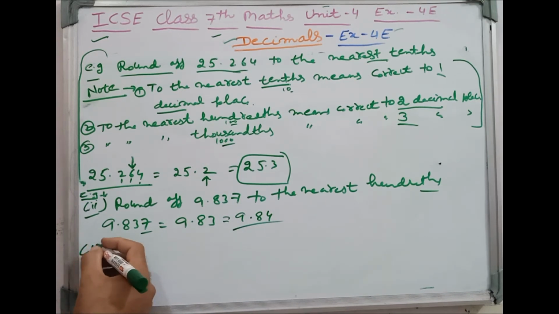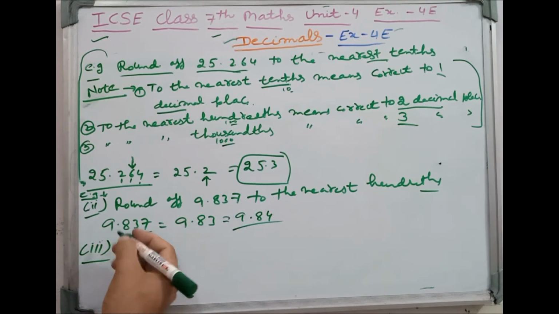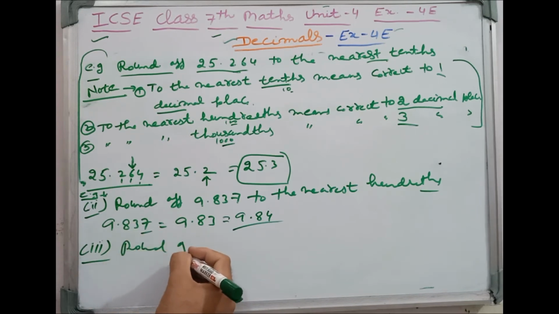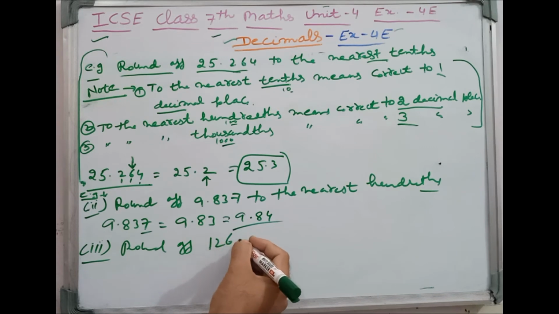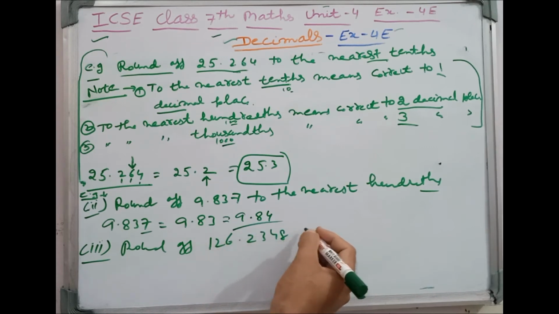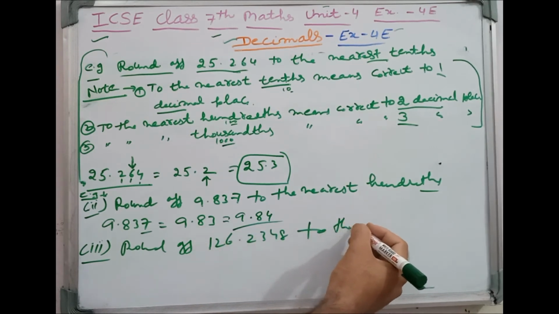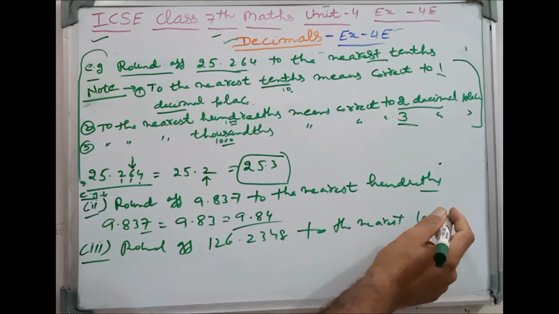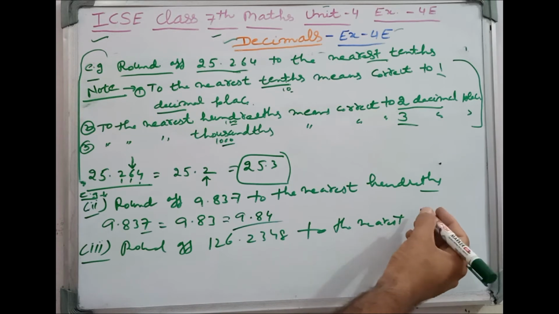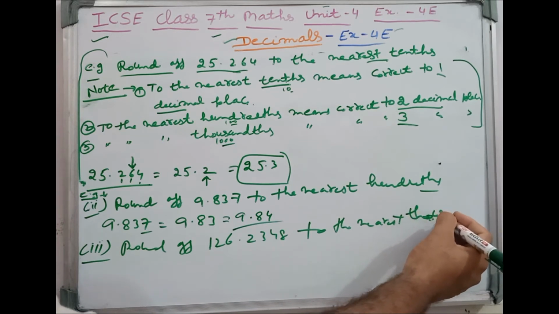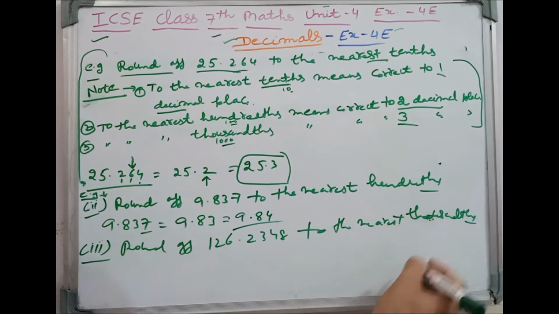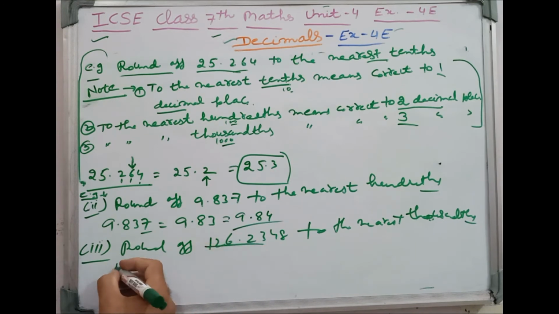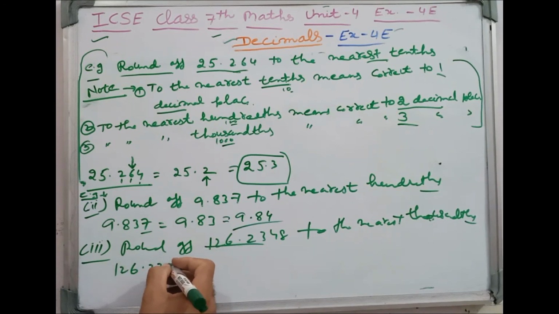In the same way, we will take another example. Round off 126.2348 to the nearest thousandth. Right? Our number is 126.2348.